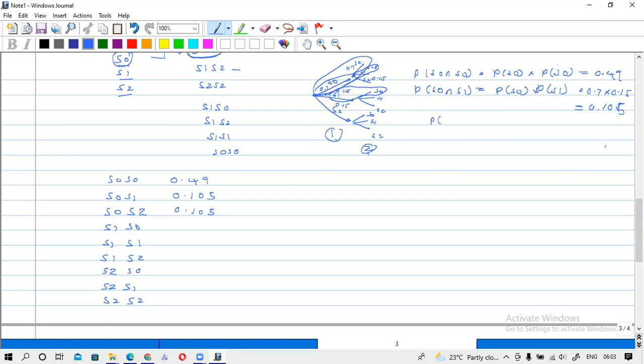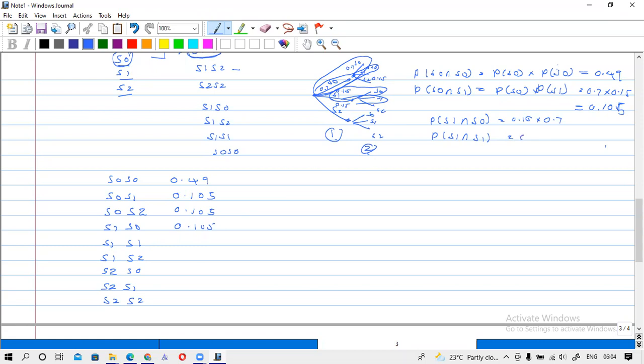So here it is P(S1 S0), P(S1) is 0.15, P(S0) is 0.7, so we will get 0.105 itself. Please do this with me, and if I make any mistake, please tell me. I hope this is the same. And for S1, we get another one, that means this part.